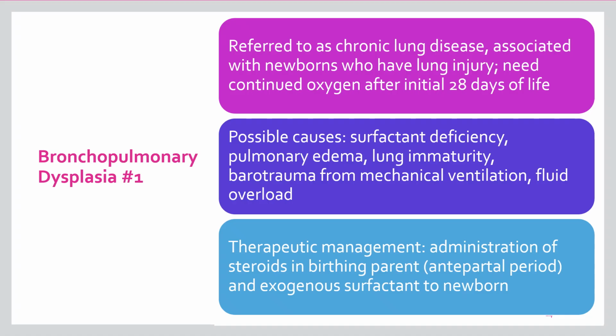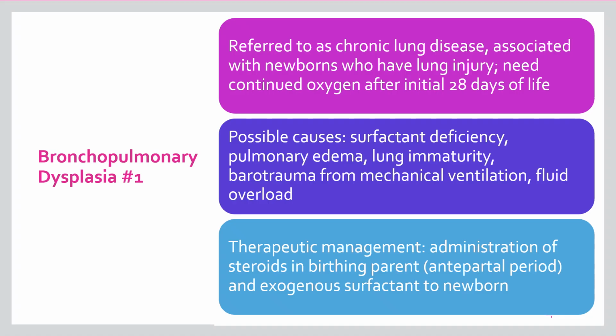So why does bronchopulmonary dysplasia happen? Possible causes are surfactant deficiency, pulmonary edema, lung immaturity, barotrauma from mechanical ventilation, and fluid overload.